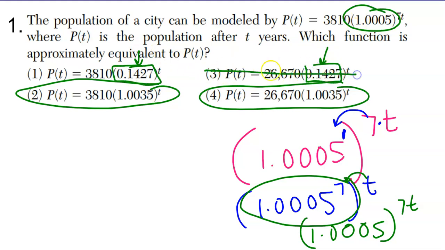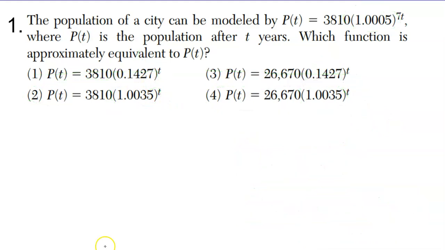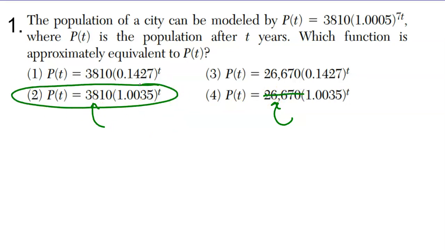That's decay. But now that we've used our properties of exponent rules here, we can see that this will change only the quantity in the parentheses. It will not change the quantity in front. So this is a changed quantity. This is not. So the answer for the first question is 2.